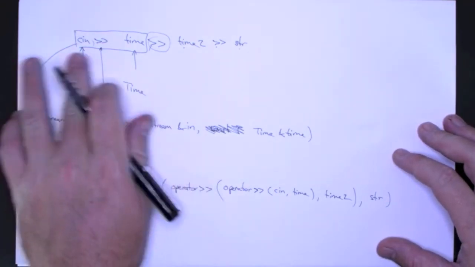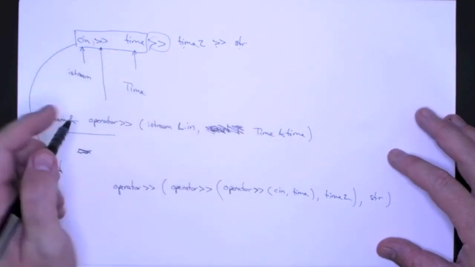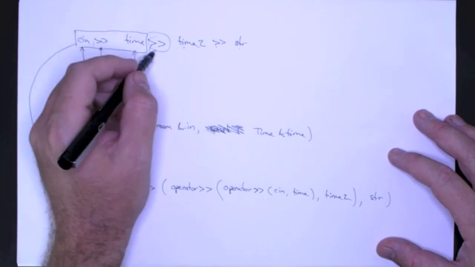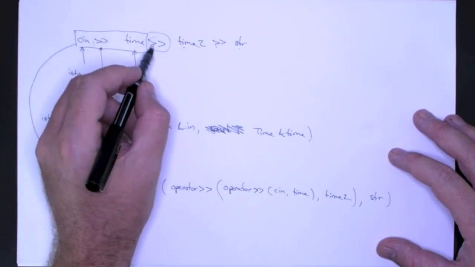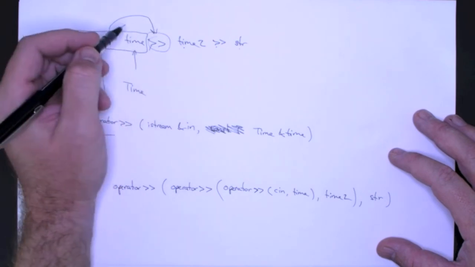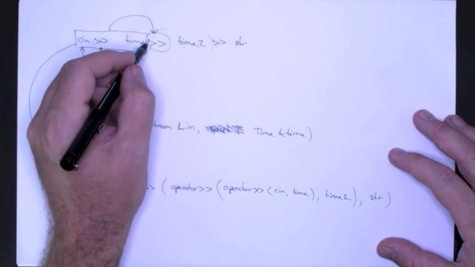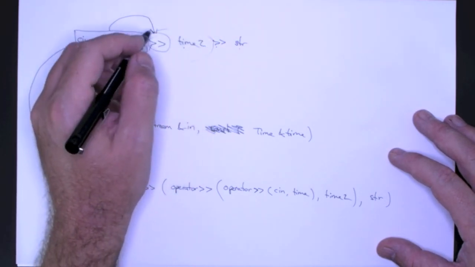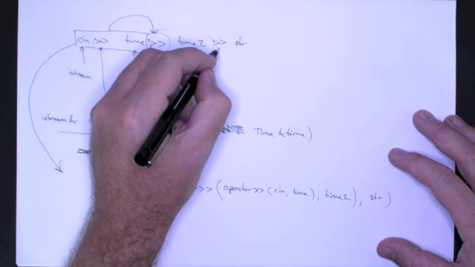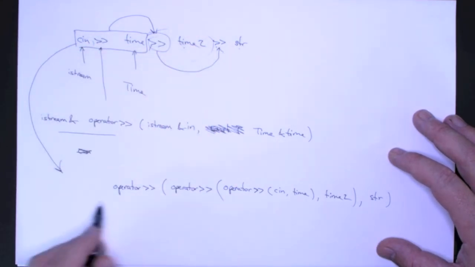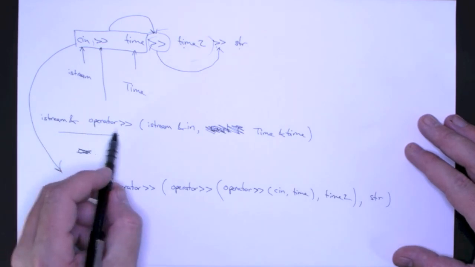So this is how we get these cascaded extractions: we do this, and then whatever the modified stream is, it's input to this extraction operation, and whatever the modified stream is after that, it gets input into this one. And so it looks something like this, and this is how we achieve it.